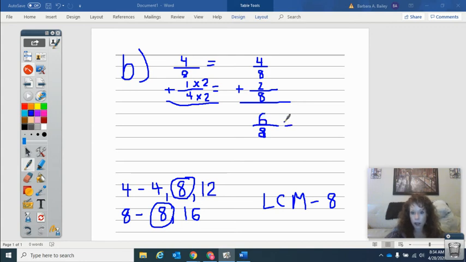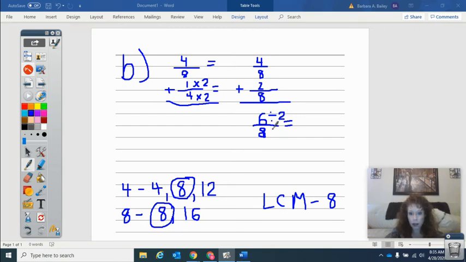And then I don't want to stop here though, because even though I've gotten an answer, I can see that this is not in simplest form. There's a number that can go into 6 that can also go into 8. And so I need to simplify that fraction. And the number is 2. 2s and 3s are pretty common when we're simplifying. I'm not saying it will always be a 2 or a 3, but that's a good place to start.